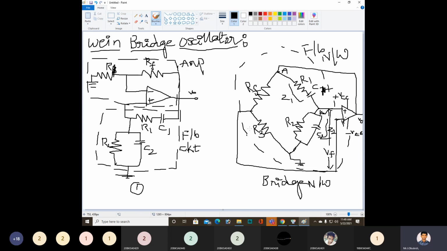If it is not balanced, then the bridge will generate a phase shift. Up to this circuit description there is no doubt, right? Now we need to do the analysis for these two circuits.